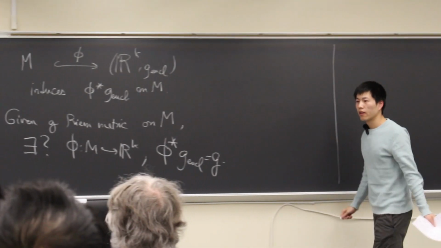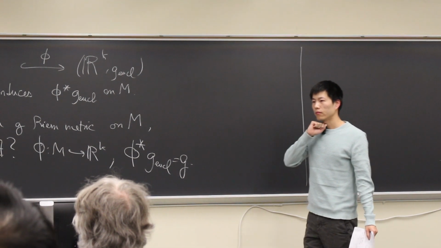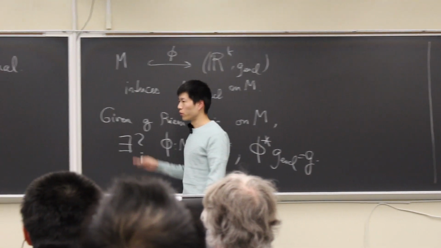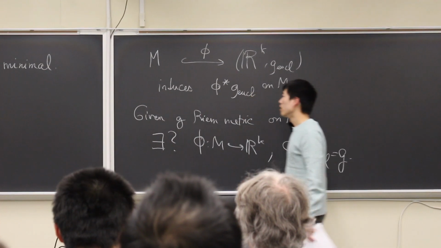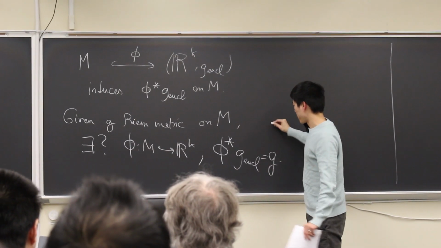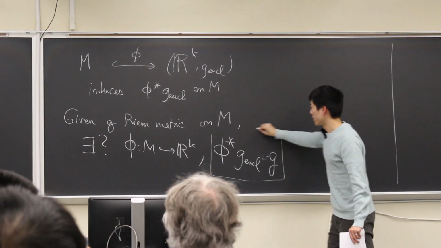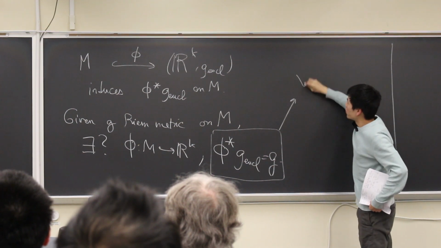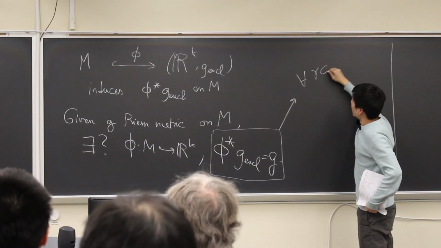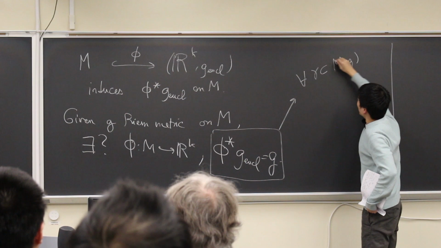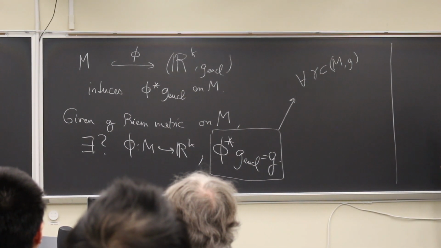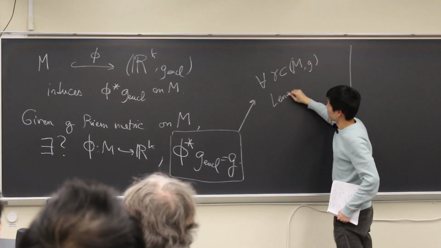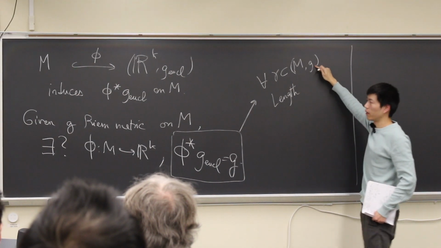For people that haven't thought about the subject much, maybe you can point out that this is different from pulling back the distance function. That's right. I'm going to try to explain that point a little bit later. So maybe what I need to say here is that this condition basically means that if you take any curve in M, it has a certain length that you can measure using this Riemannian metric.